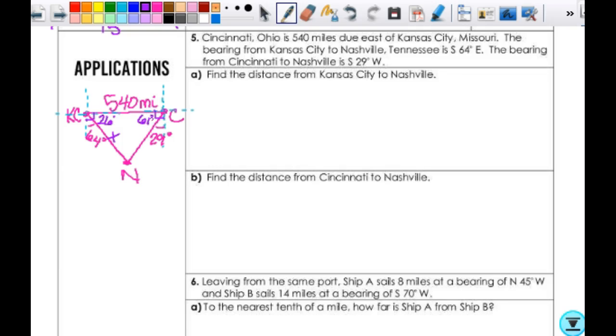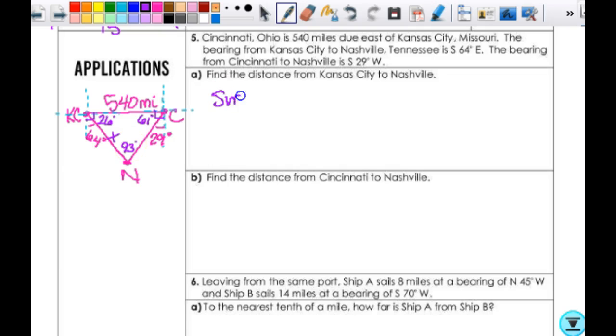So I have angle side angle, which means it's going to be the law of sines, but in order for me to actually use that, because I can use the 61 in the x, but I got to use this 540, I don't have this angle here. Can I find that? Yes, I can add these two together and subtract from 180, right? And what do you get? 93. Right? So now I can find x, which is the distance from Kansas City to Nashville, because I can use the 93 and the 540.